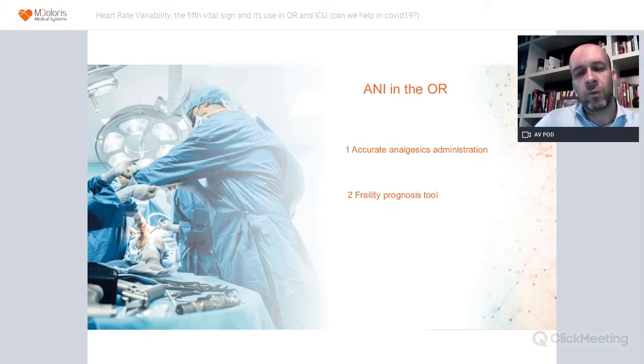Okay? And when you go with multimodal, which means I'm mixing different kinds of analgesics, like opioid-free anesthesia, for instance, I'm adding dexmedetomidine, lidocaine, ketamine, magnesium sulfate, etc. Then it's very likely as well that I will have an ENI of 100.